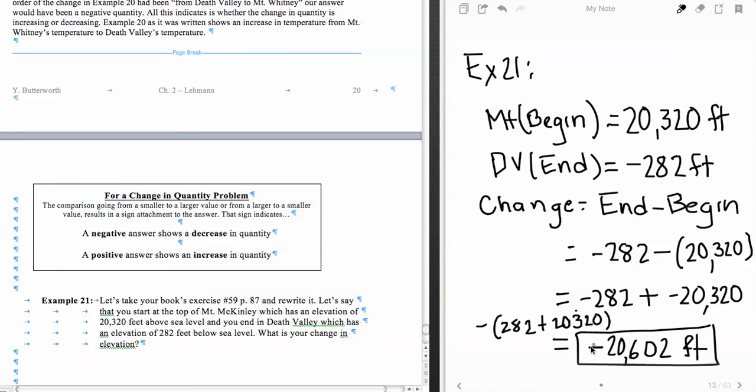This negative right here is telling us about going down. We started from the high place and we went down to the low place, so this negative tells us that we are doing a decrease versus starting at the low place and climbing up to the higher place. And that wraps up section 2.4.